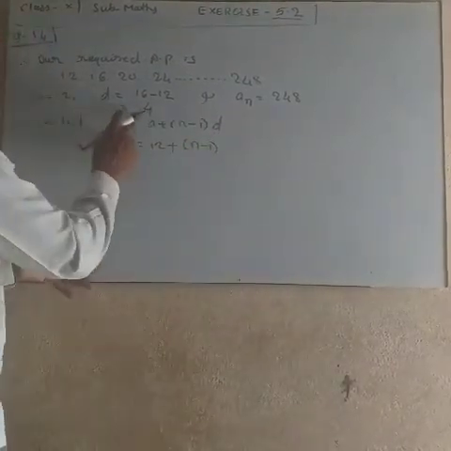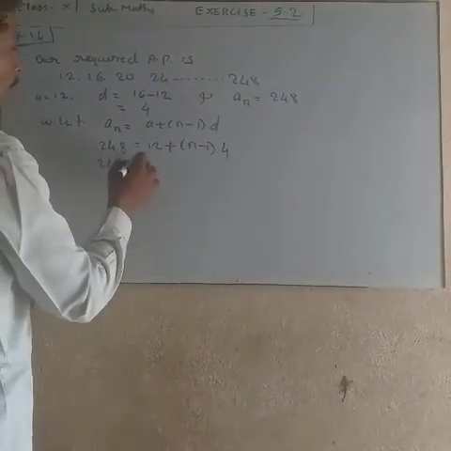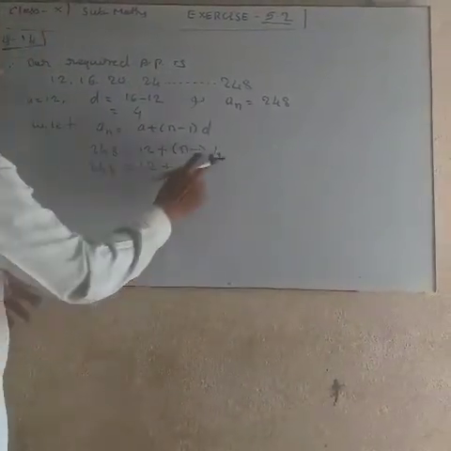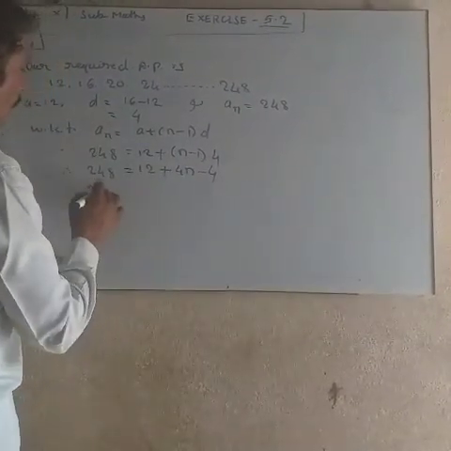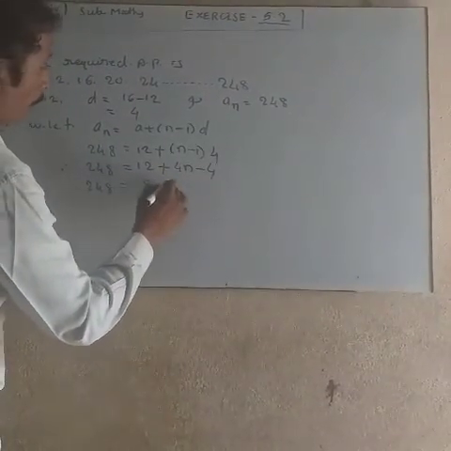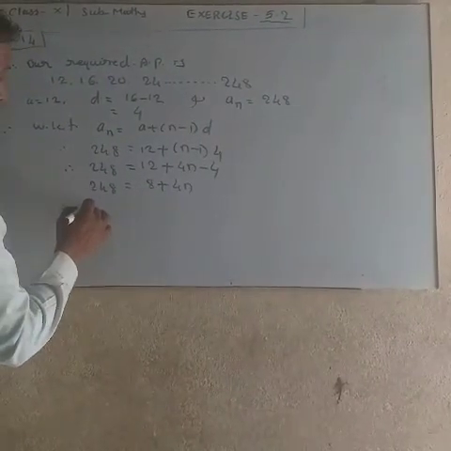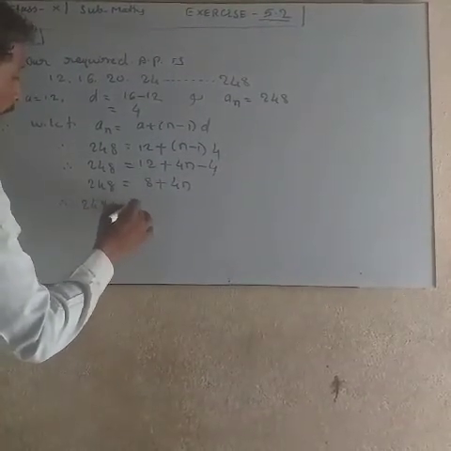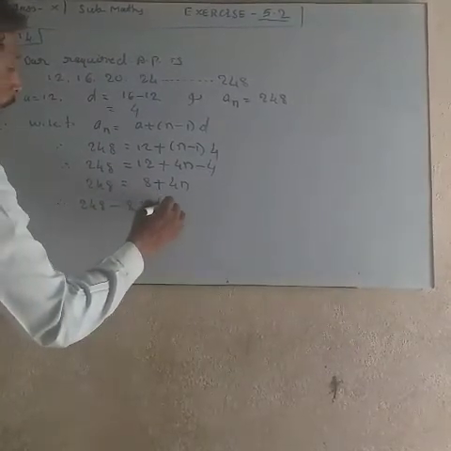Then D is the common difference. It is 4. Therefore, 248 is equal to 12 plus (n minus 1) multiplied by 4. 4 into n is 4n, minus 4 into 1 is 4. 248 is equal to 12 minus 4 is 8, 8 plus 4n. Now taking 8 to the left side, 248 minus 8 is equal to 4n.